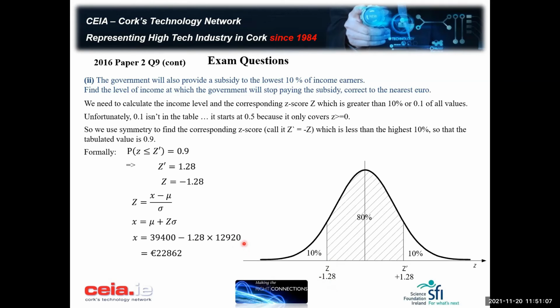So we're taking 1.28 standard deviations and subtracting them from the mean to find this lower limit that corresponds to this Z value.